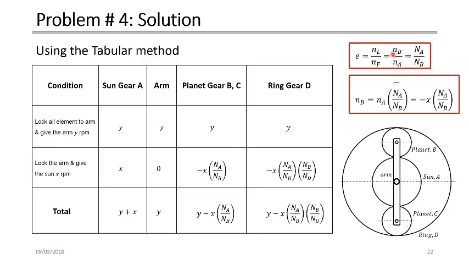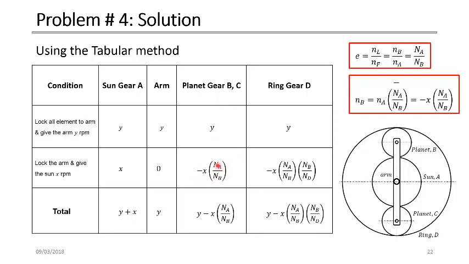The speed ratio is inversely proportional to the number of teeth on the gears. So E is equal to the number of teeth of the driver gear, which here is the sun gear, NA, divided by the number of teeth on the driven gear, which is NB. We can use this equation to find the speed of the planet gear.